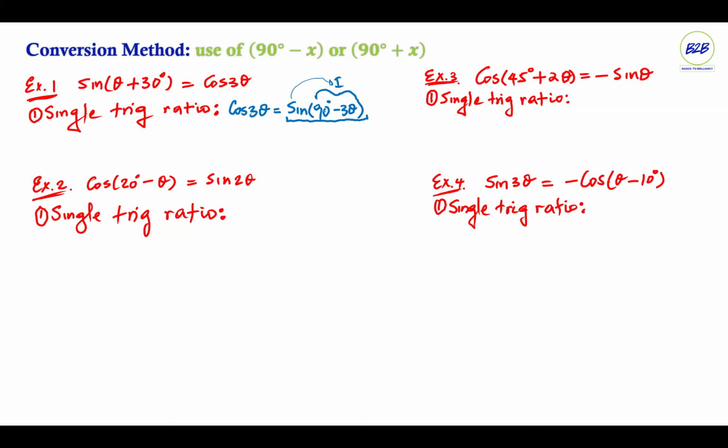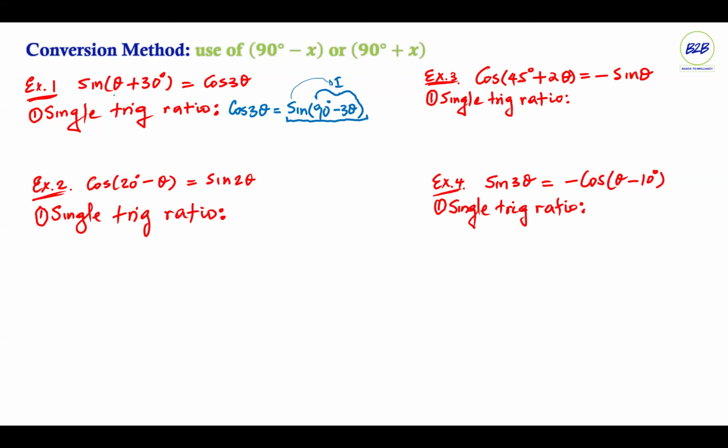It was sine 90 degrees minus 3 theta. Right. So that is what we imply by the conversion. We have converted now cosine into sine using what? 90 degrees minus x. So cos of 3 theta is therefore equal to sine 90 degrees minus 3 theta.